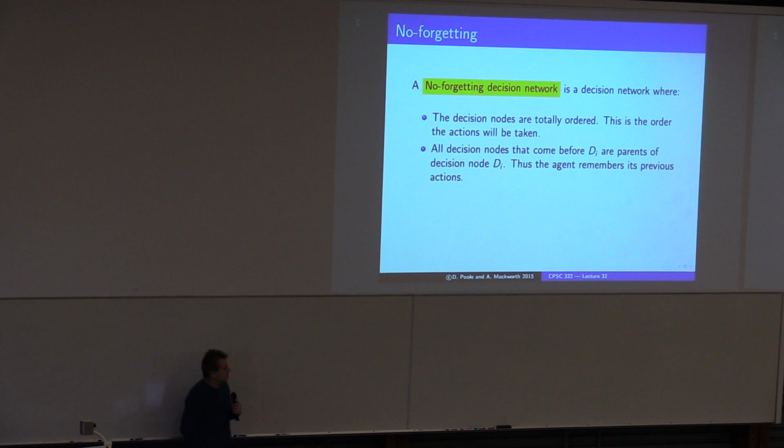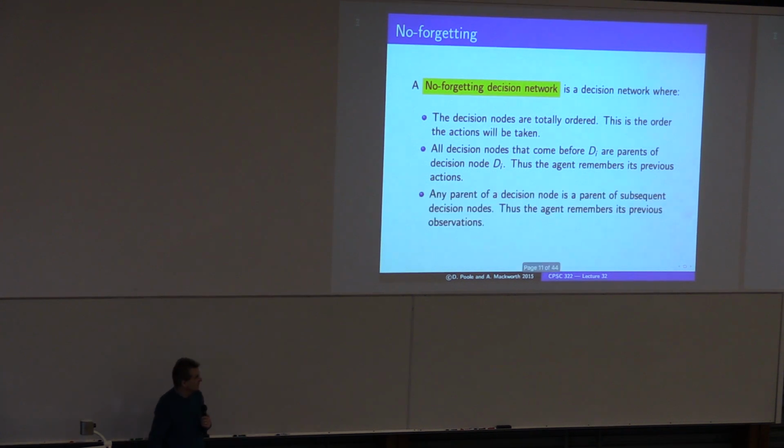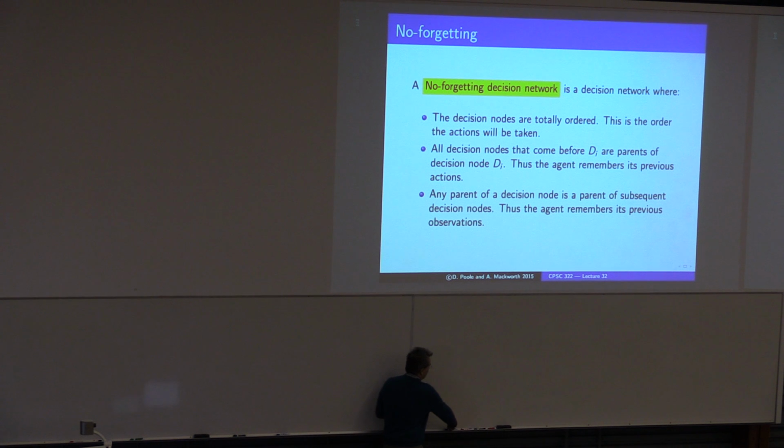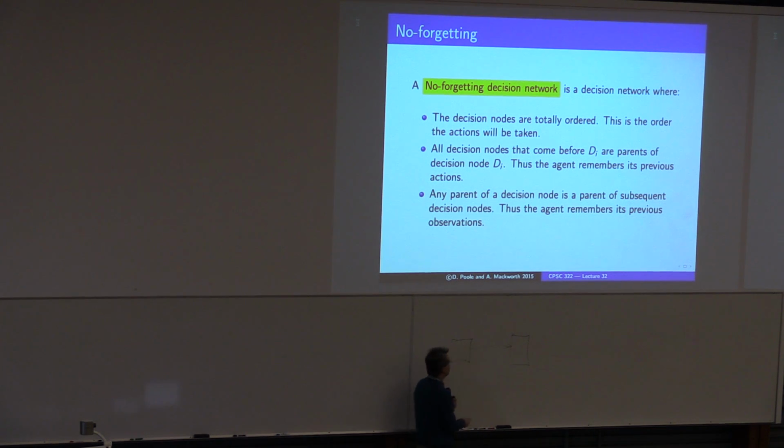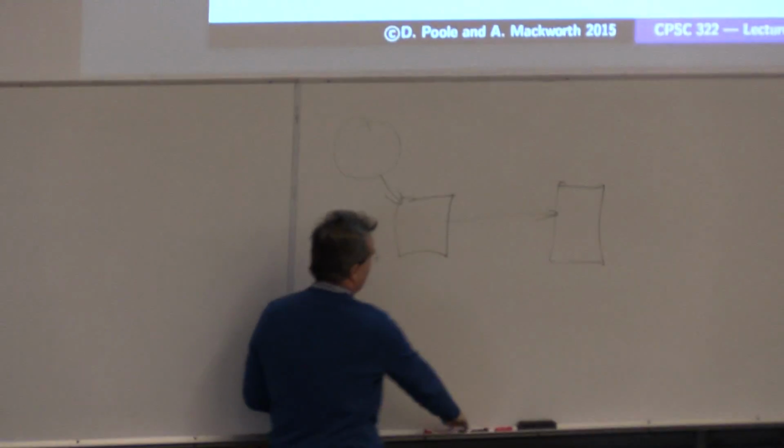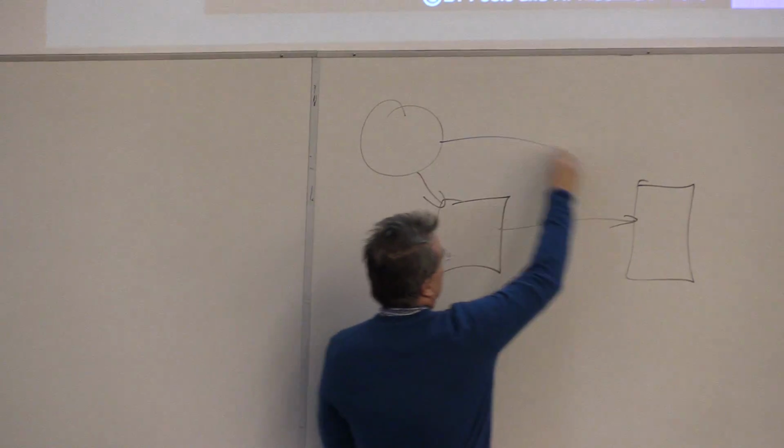In other words, the agent remembers its previous actions. And any parent of a decision node is a parent of subsequent decision nodes. So if one decision comes before another, and something is a parent of the first, then it has to be a parent of the second.